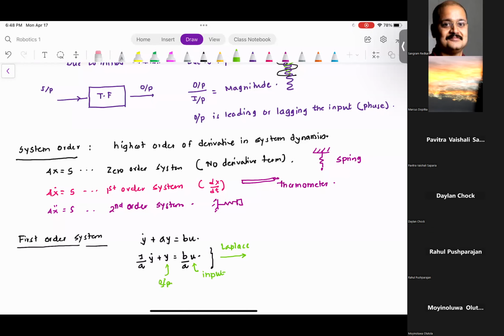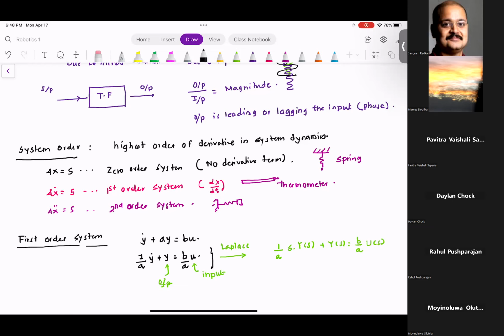So this equation will become 1 divided by a s y of s plus y of s is equal to b by a u of s.